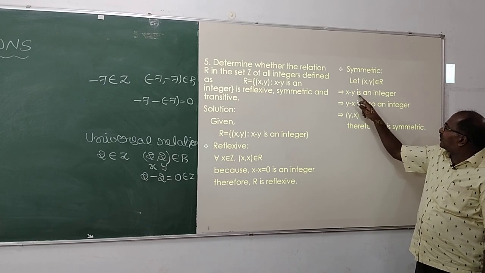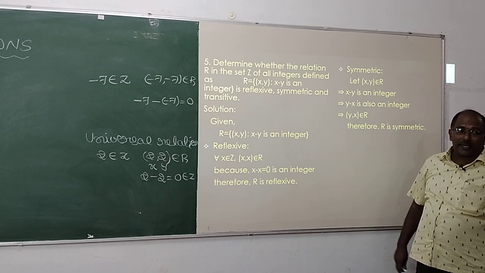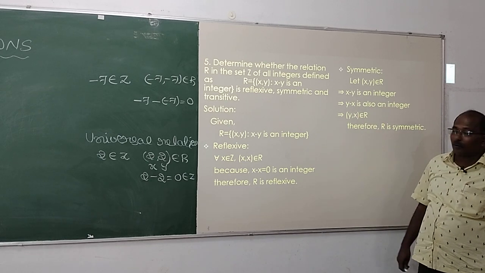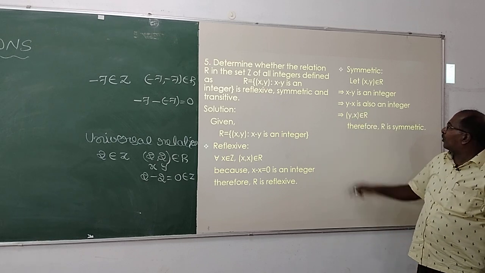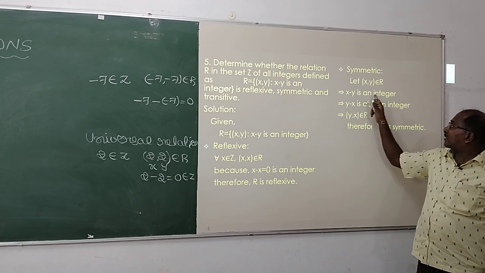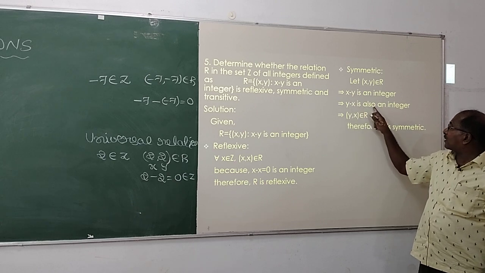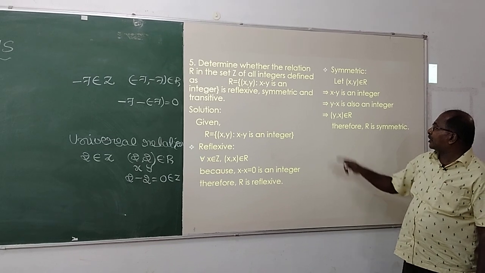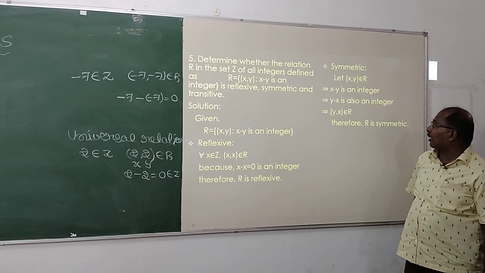Students, if this x minus y is an integer, it implies y minus x is also an integer, so we can say y comma x belongs to R. This y minus x, as we know, is the negative of x minus y. Since x minus y is an integer, its negative y minus x is also an integer.